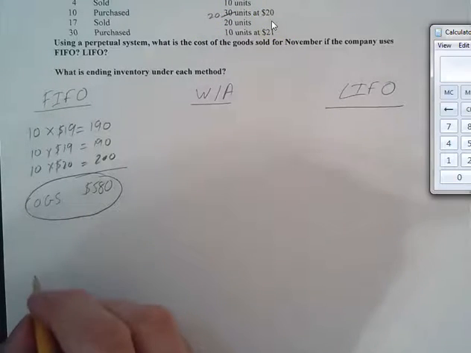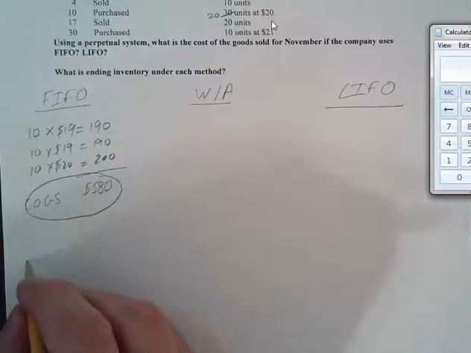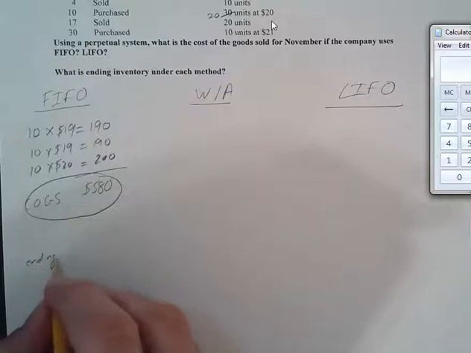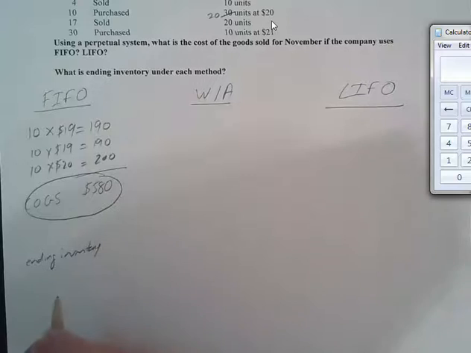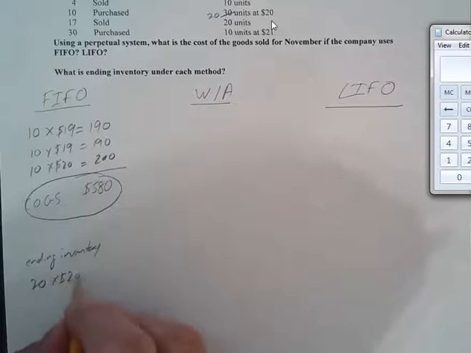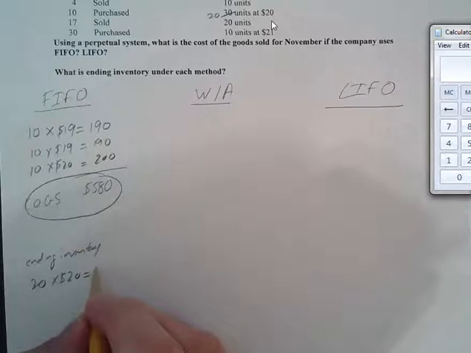So our ending inventory is made up of those 20 units times the $20, and that's going to give us 400.